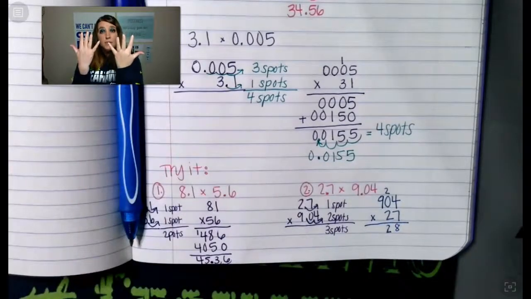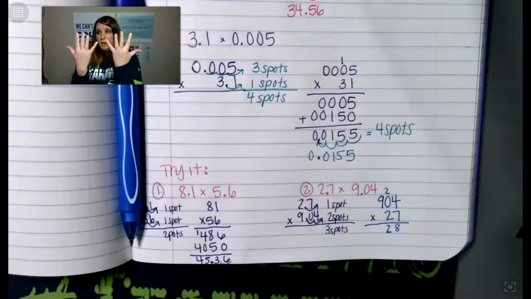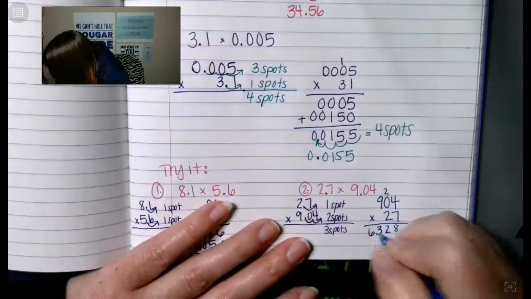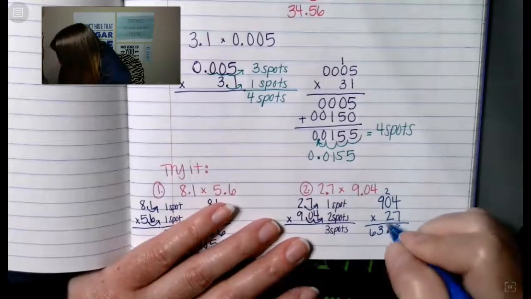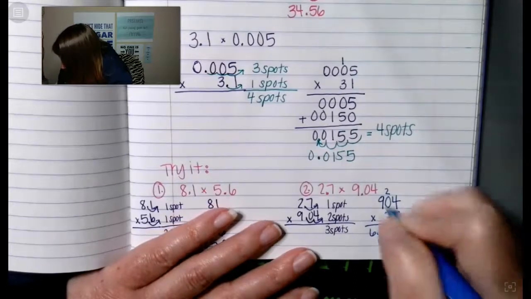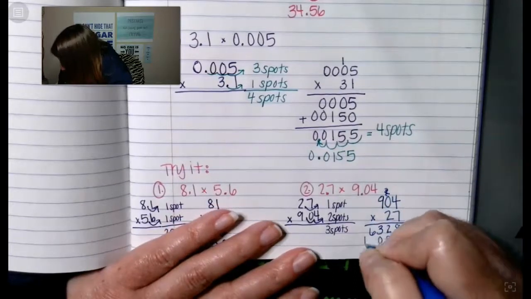Okay, so what I'm going to do is I'm going to go to the 7 spot, and I'm just going to hold down 7. So there's 7, and I get 63. So I'm going to write down 63. Okay, there we go. 8 and 0, that should have been crossed out, and that should be 18.